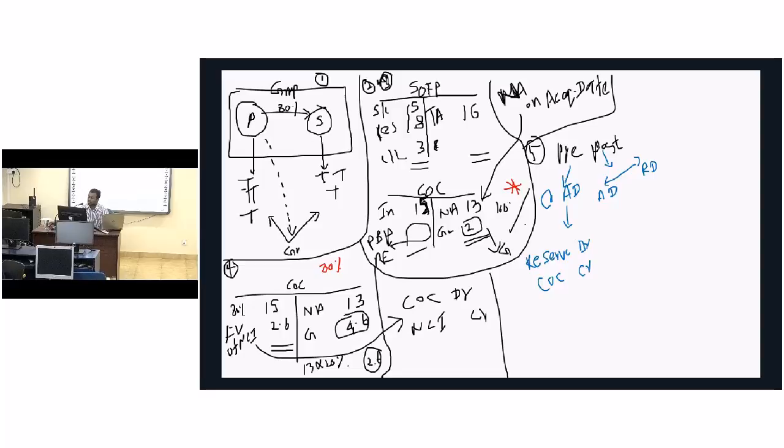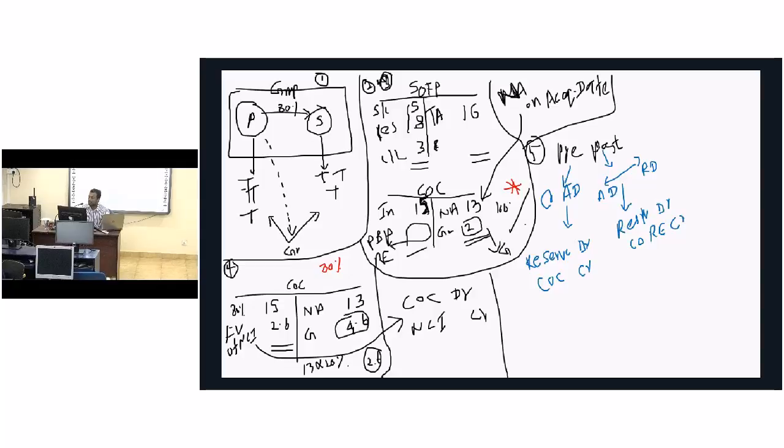Then what's the double entry for post-acquisition reserves? Post-acquisition reserve account debit, consolidated retained earnings credit.